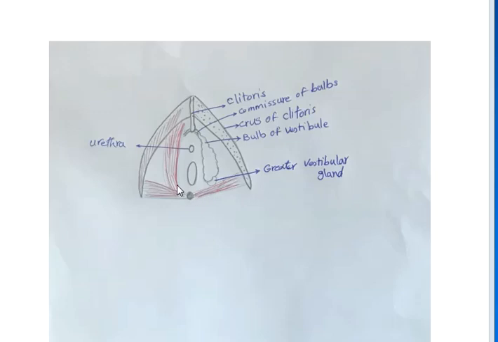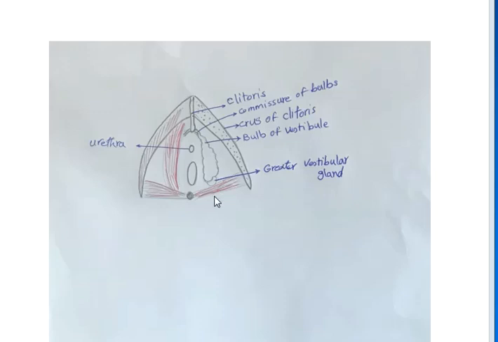When I made a cut or removed the bulbospongiosus muscle from here, under these muscle fibers you can see the bulb of the vestibule that posteriorly overlaps the greater vestibular glands on the left and right side here.